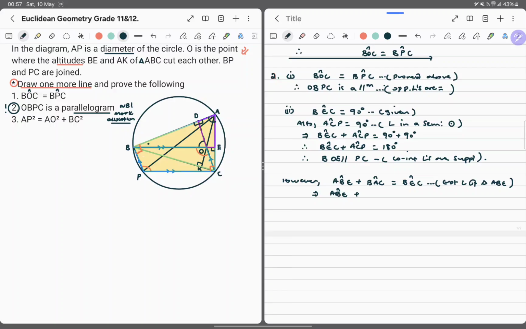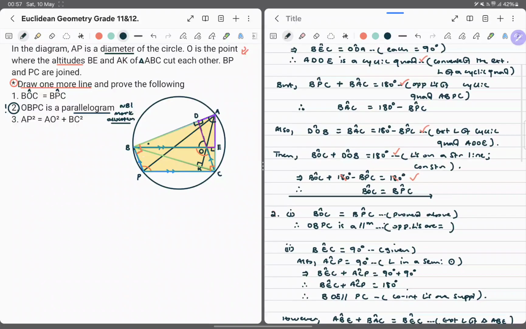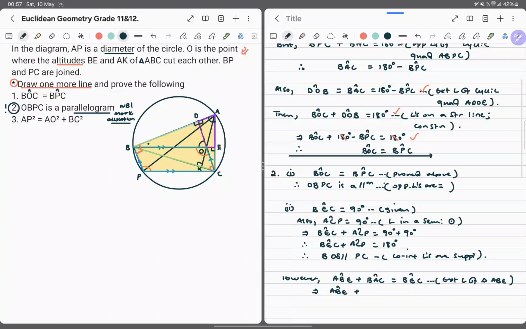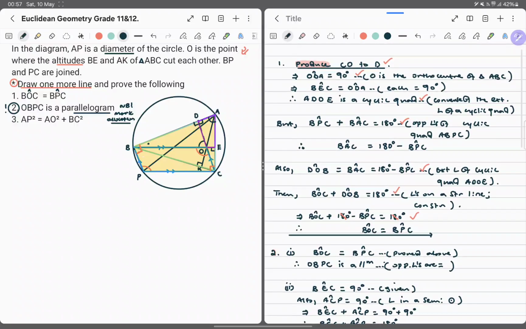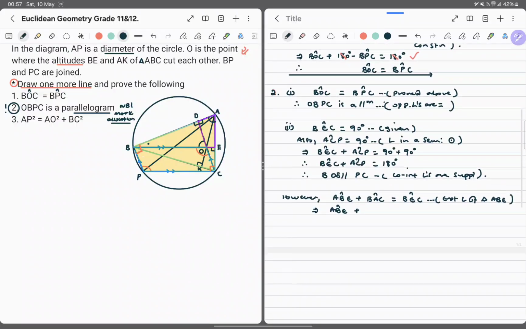At this stage, I'm not interested in BAC being equal to, PC and what. I'm really not interested. It really doesn't help me at all. Of course, we can use it perhaps to stay consistent. BAC, we said it's 180 minus BPC, but it looks like we're complicating matters.